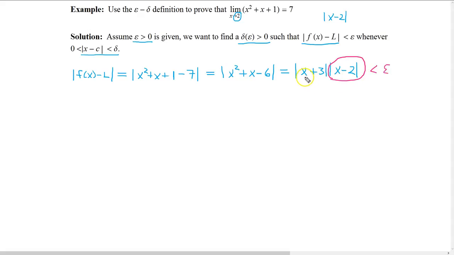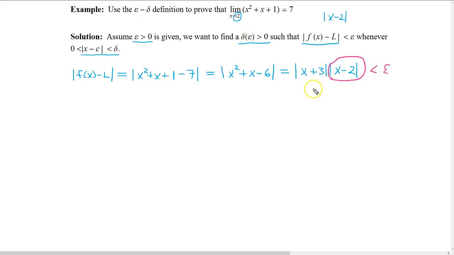It would be great if we could divide this to the other side. However, we can't do that because our delta cannot be dependent on x. If we were just to divide this to the other side, then our delta would be dependent on epsilon and x, and that can't be. Our delta can only be dependent on epsilon.